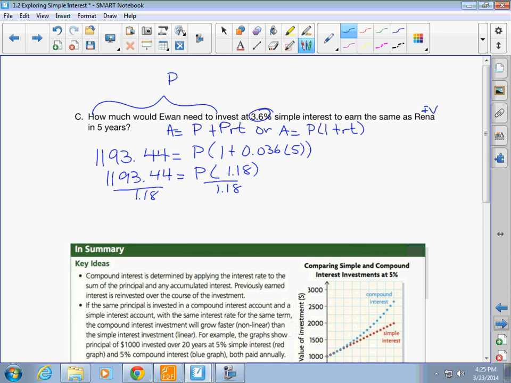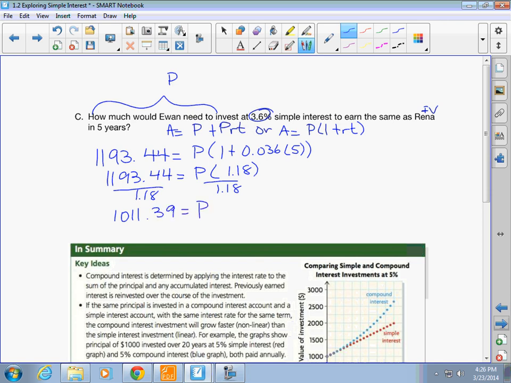and my answer is smudged here. So when you divide, I just have to put my calculator here, 1,193.44 divided by 1.18, you have $1,011 and about 39 cents.